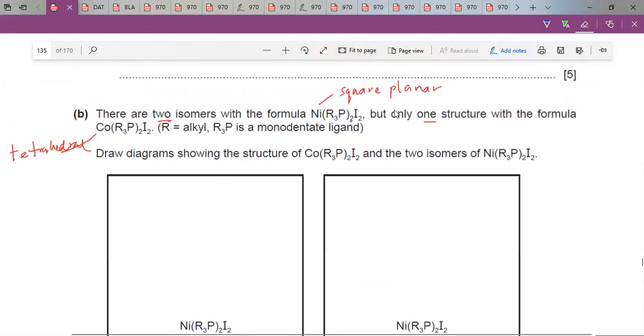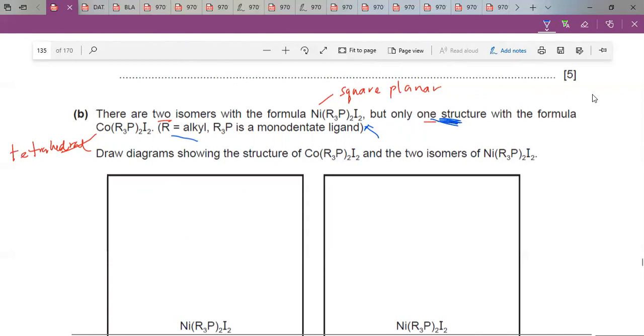They tell you R is alkyl, R3P. So 2 here, 2 plus 2 is 4, isn't it? So it is either square planar or tetrahedral.